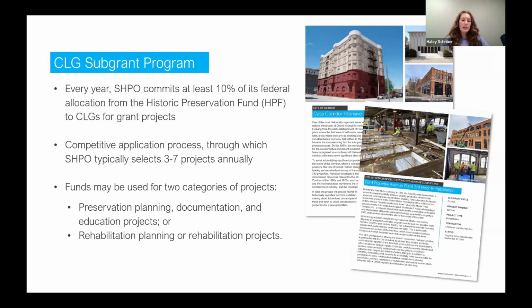The SHPO then sets aside 10% of its federal allocation directly to the CLG grant program. We at the SHPO then administer an annual competitive subgrant program in which applicants may receive reimbursable grant monies for approved projects. Our office typically selects 3 to 7 projects annually, and right now there is no match requirement.